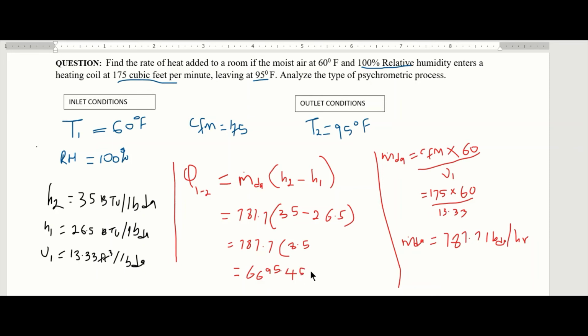So that is our heat added to the room. We can convert this to kilojoules, which becomes 6.7 kilojoules. This is our final answer. Remember again, you can leave your answer in BTU.